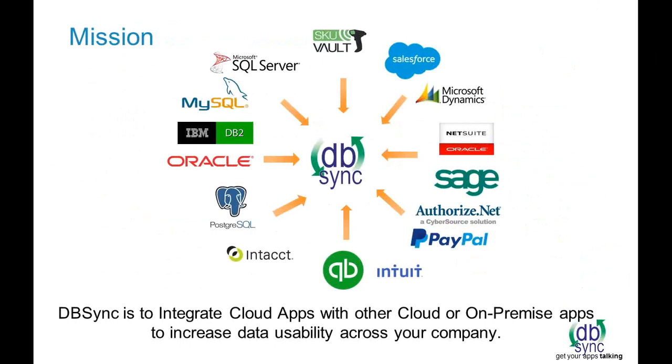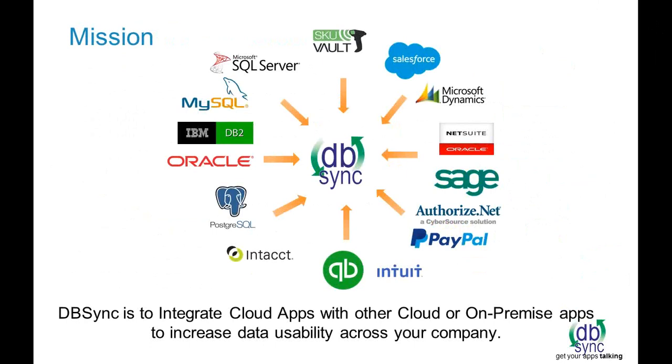Here's a quick view of all the connectors that are already part of the DBSync repertoire. As you can see, there are quite a few. For CRM applications, there's Salesforce and the Microsoft Dynamics platform, and we also support a host of accounting or ERP systems.